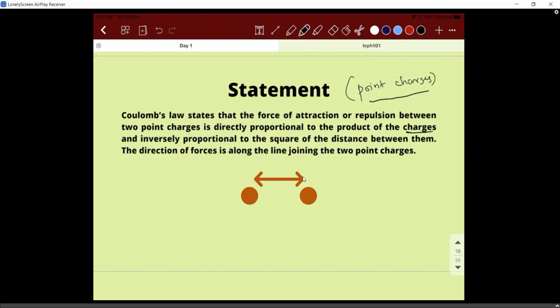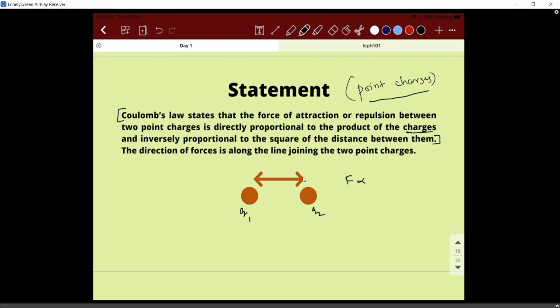Between them. And most importantly, how will they interact with each other? They will interact with each other along the line joining both the charges. I'll explain that. So if I take this point charge as Q1 and this point charge as Q2, then how can you write it mathematically?